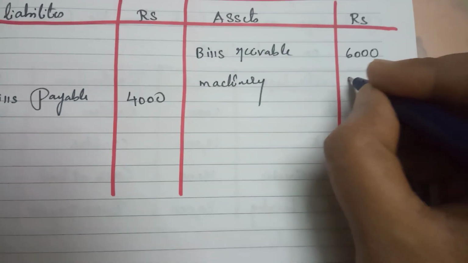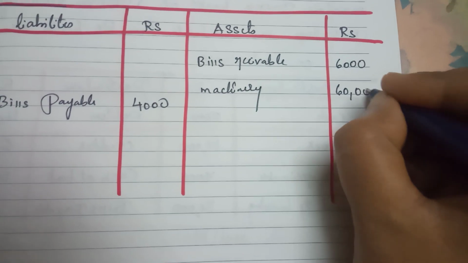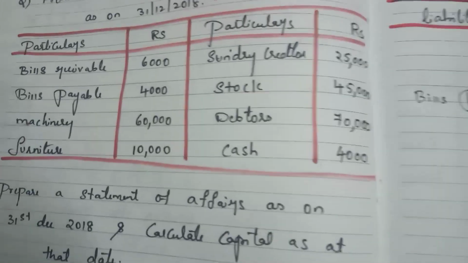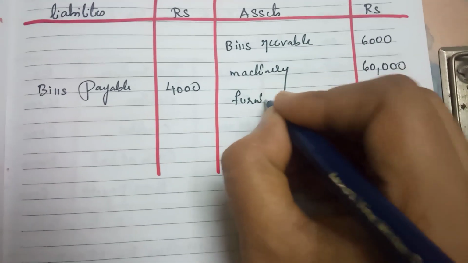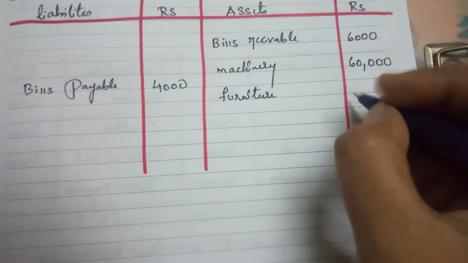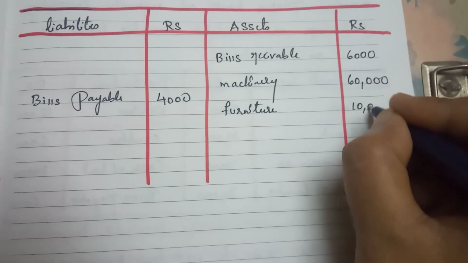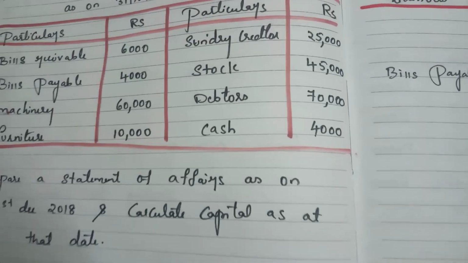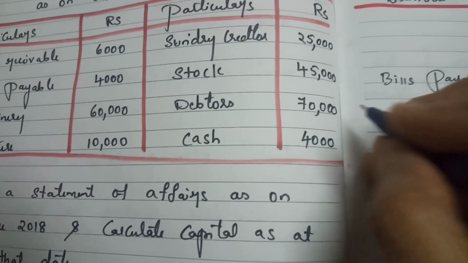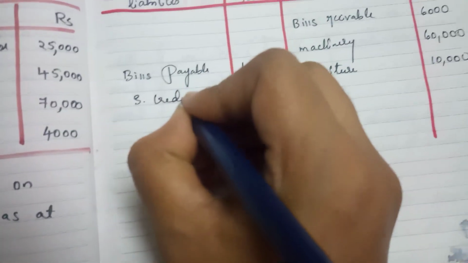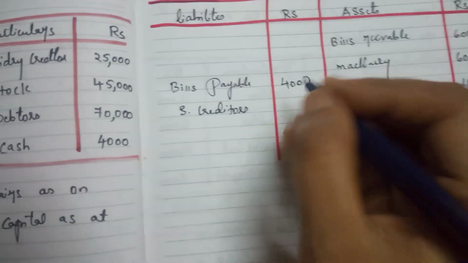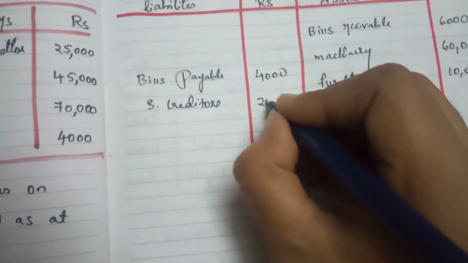So I'm recording here 60,000. Next, furniture. Furniture is also an asset. What is the amount for furniture? 10,000. And next we have sundry creditors. Sundry creditors is a liability. So 25,000.